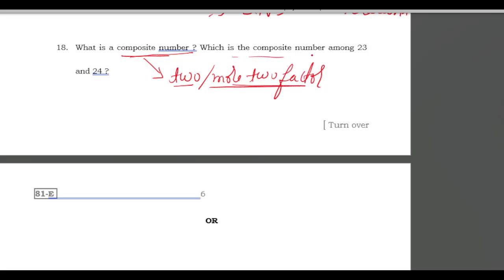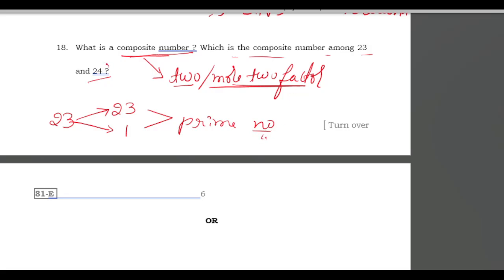Which one is the composite number among 23 and 24? 23 can be divided only by 23 and 1. So only two factors are there. If two factors are there, it is called a prime number.